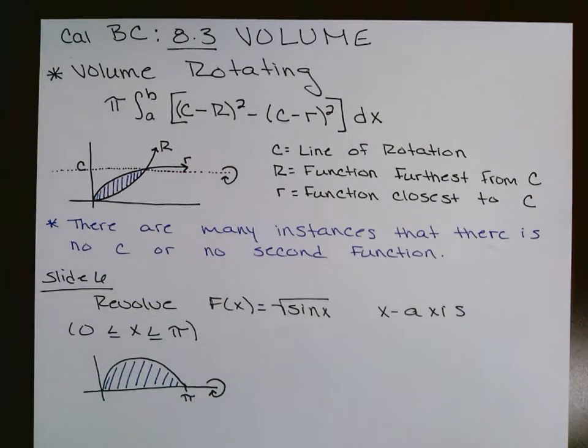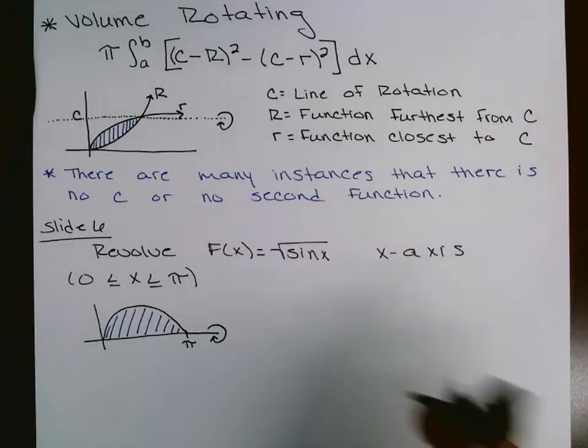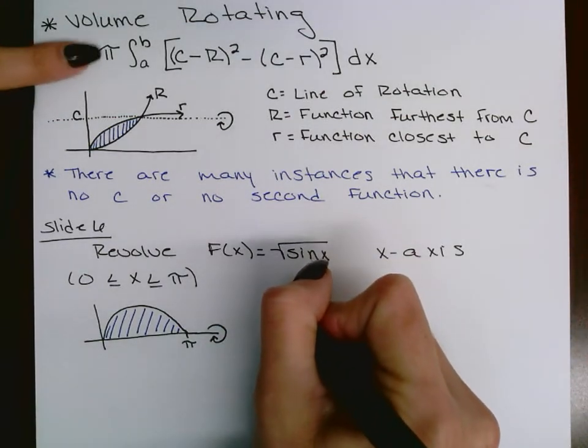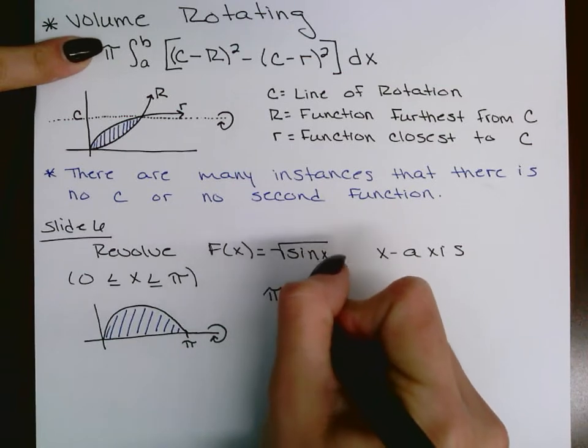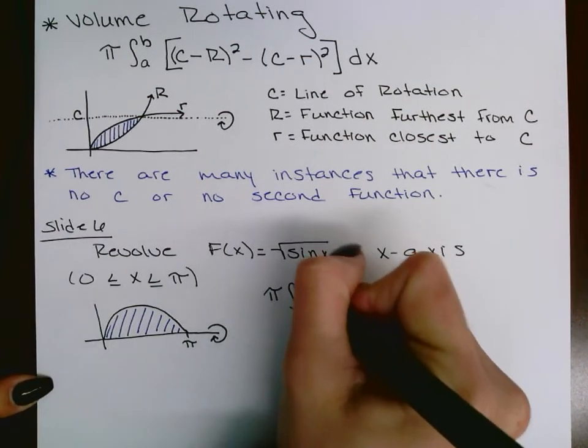Okay? So here I only have one function, and my C rotating around the axis is 0. Okay? So this is a nice, easy formula. I am going to write the pi every time. Integral from A to B, from 0 to pi.